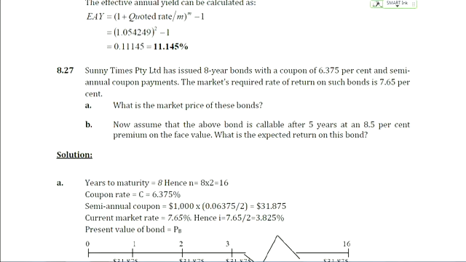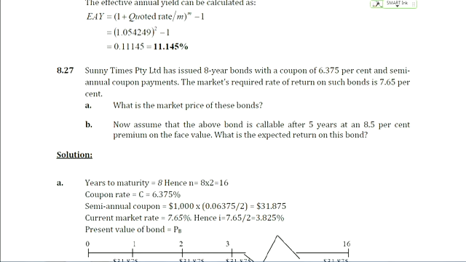Now, assume that the bond is callable after 5 years. What does it mean by callable? In week 12, I'm going to talk about options. But at the moment, you can understand, if the bond is callable, it means that the issuer has the right to buy the bonds back at a fixed price.